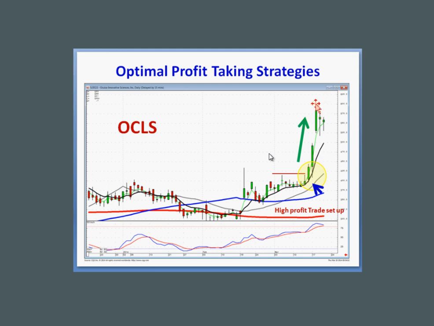As long as it stays above the 10-minute T line, you stay long. If it comes back down, if you're that far away from the T line on the daily and the 10-minute chart is showing a sell signal and closing back below the T line, you take your profits up here.